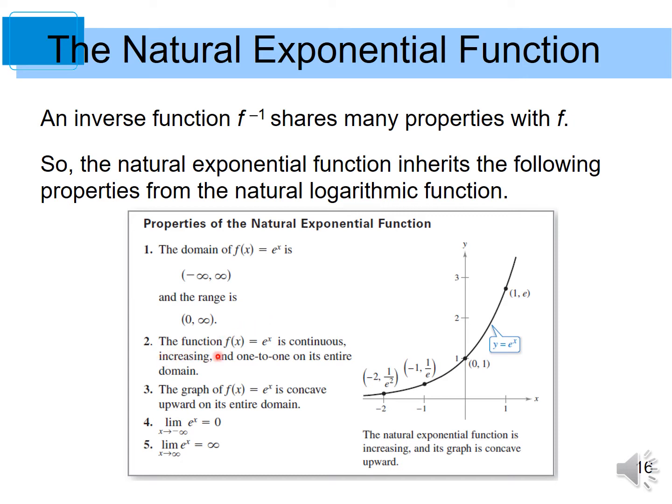The function f(x) equal to e to the x is continuous, increasing, and one-to-one on its entire domain. So the second property is totally the same as the natural log function. The graph of e to the x is concave upward, but the graph of the natural log function is concave downward.